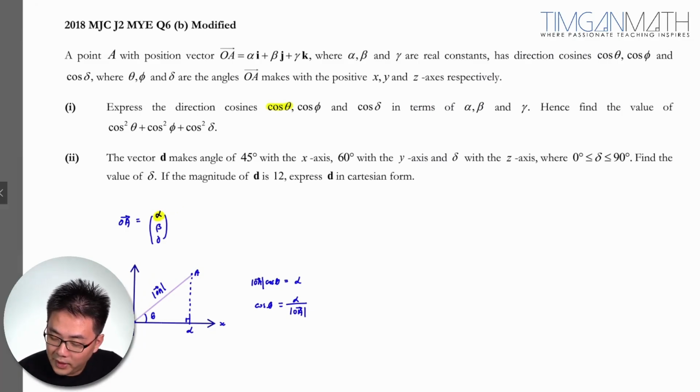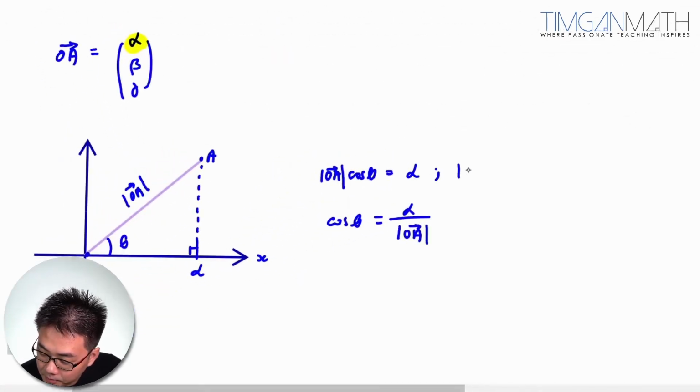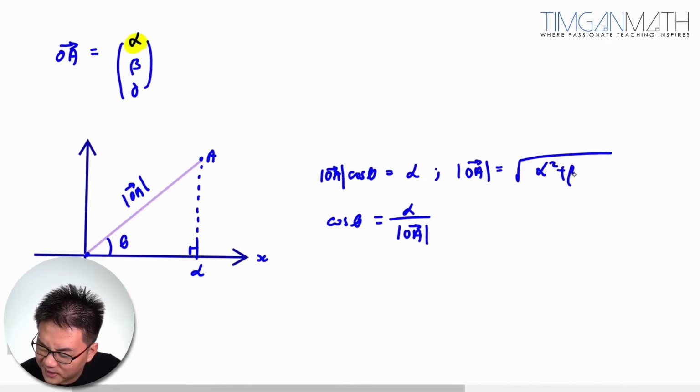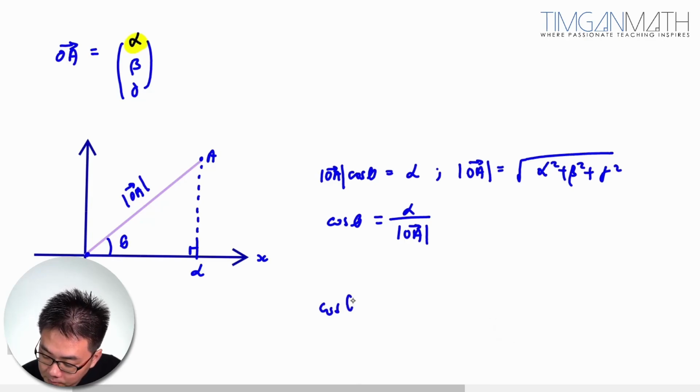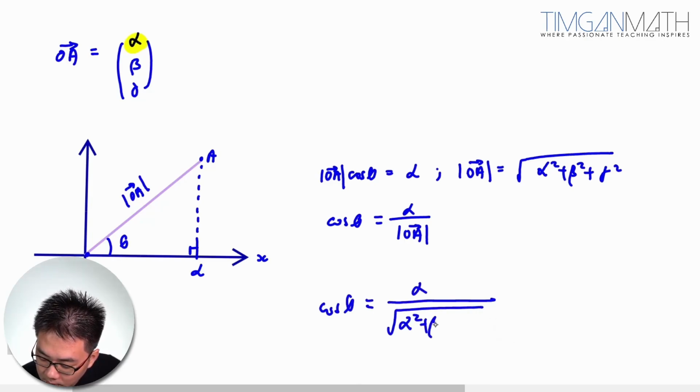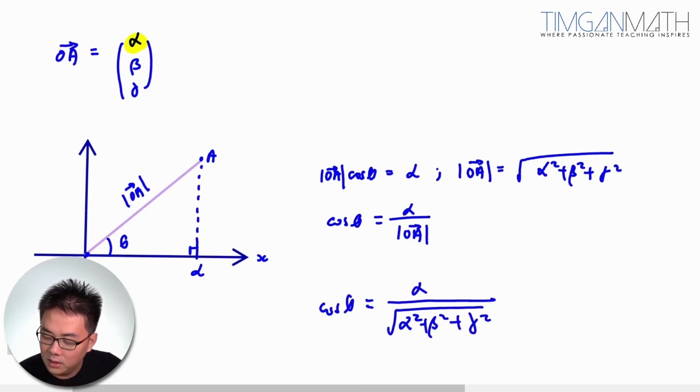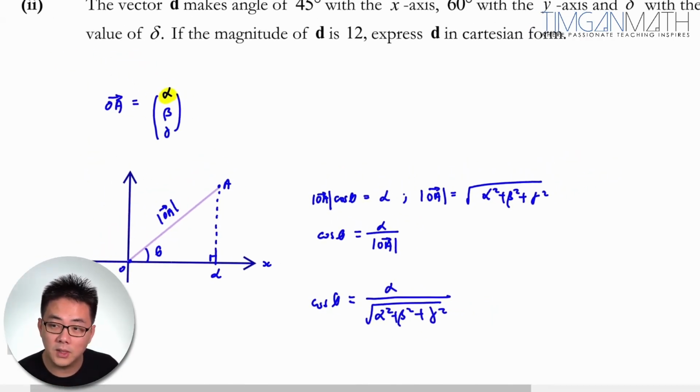Modulus OA is just the square root of alpha squared plus beta squared plus gamma squared. So cosine theta is alpha over the square root of alpha squared plus beta squared plus gamma squared. That's your cosine theta.